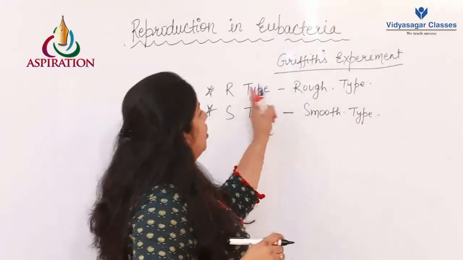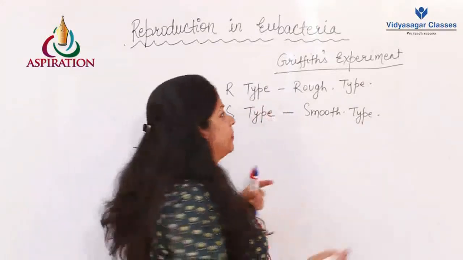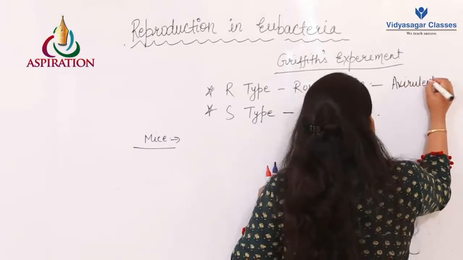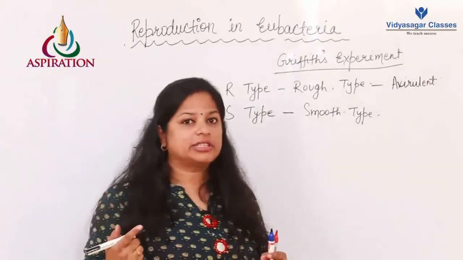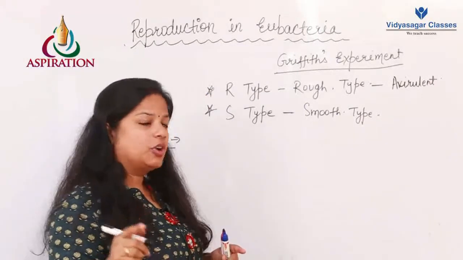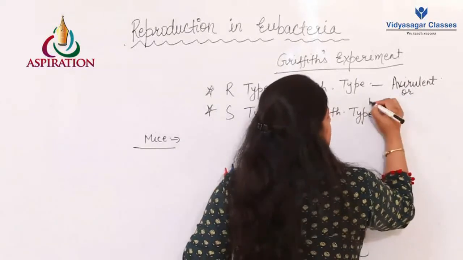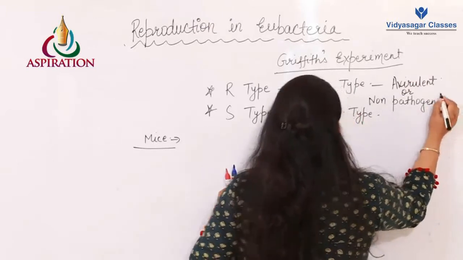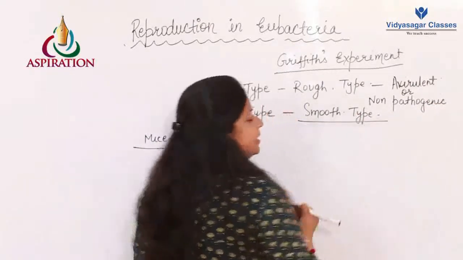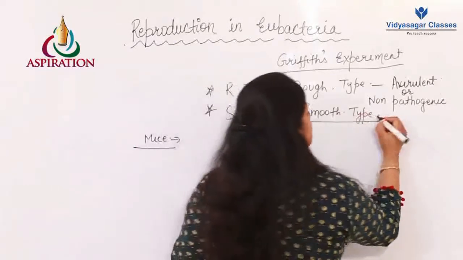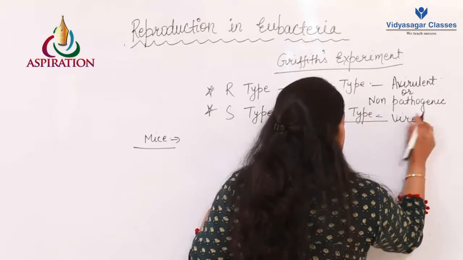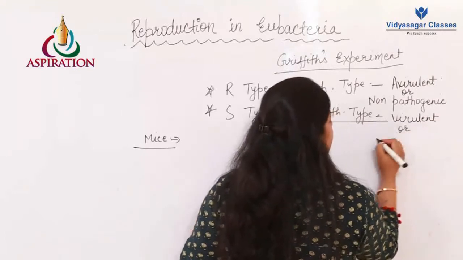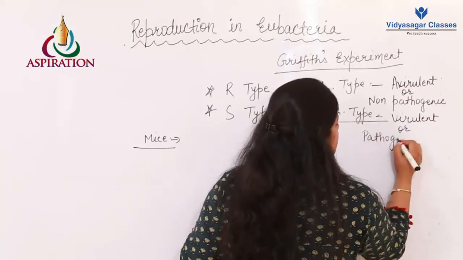The rough strain of that bacterium is avirulent. Avirulent means it is non-pathogenic. It doesn't have the ability to cause any disease. And the smooth type has the ability to cause the disease. It is known as virulent type, virulent or pathogenic.